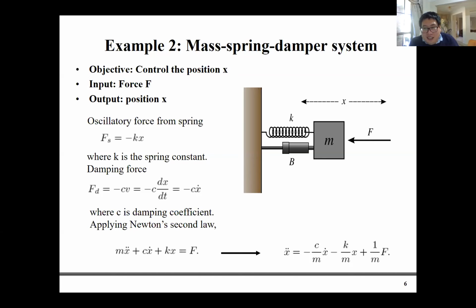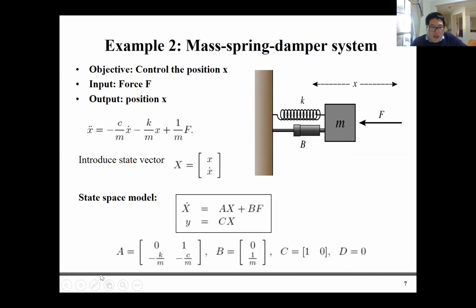That is the second advantage I mentioned before. If you consider your state x combining two variables, the first variable is x, which is the position, and the second variable is x dot, which is the velocity, then you can rewrite the system into the standard formulation of the linear continuous time system.